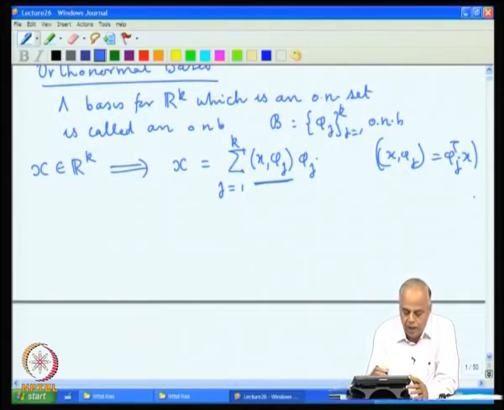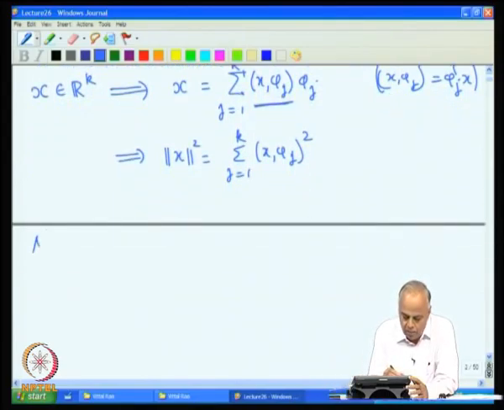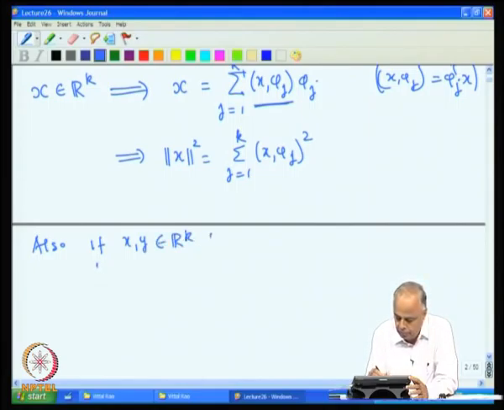Now, once we have this, from this we also have that the length of x squared is given by the sum of these inner products of x with phi j, squared. Also, if x and y are in R k, then the inner product of x and y, or the dot product of x and y, just in terms of these coefficients is the sum of the inner product of x with phi j times the inner product of y with phi j.